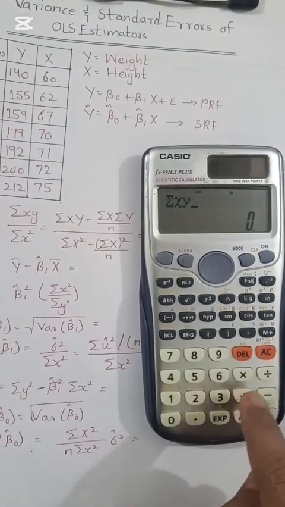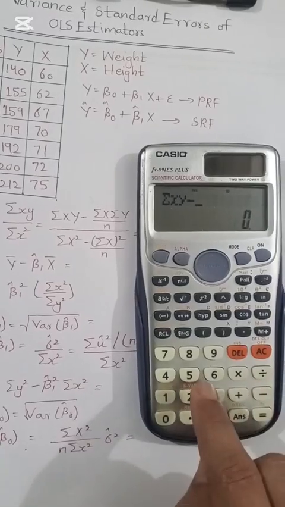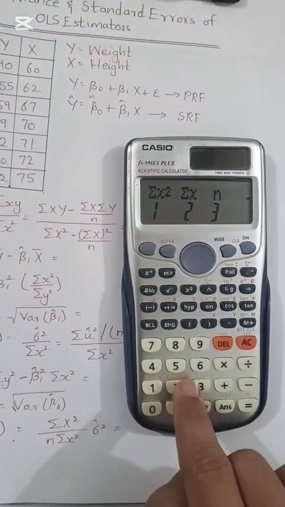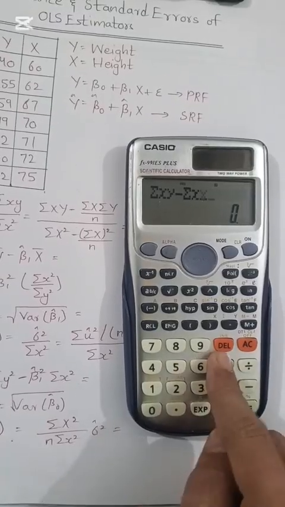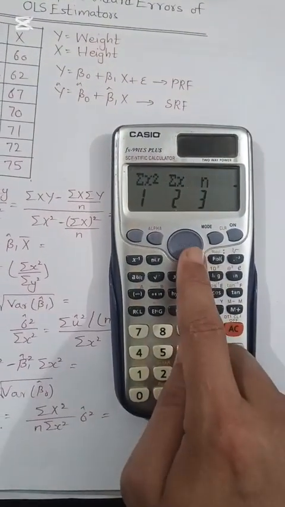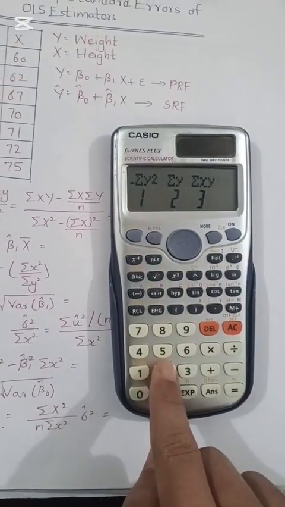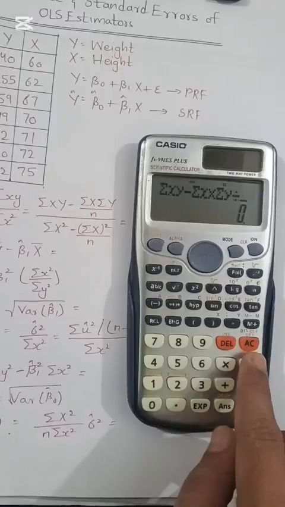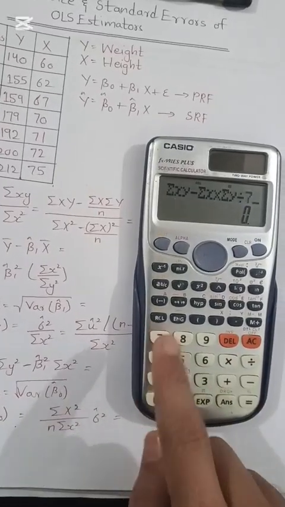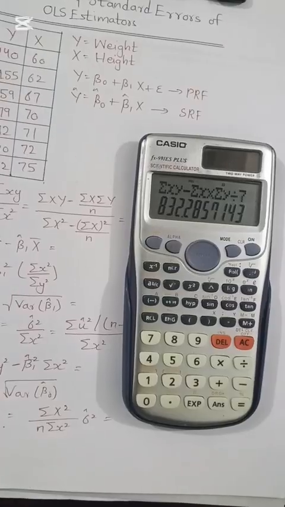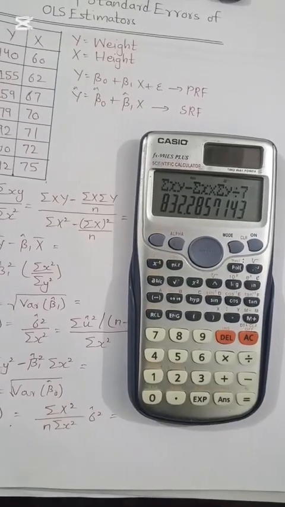So press 3 and then it is minus sum of x, shift 1, 2, multiplied by sum of y, which is shift 1, and then press next and then press 2. Now divide this by n, which is 7, so we get the answer which is 83.2285.